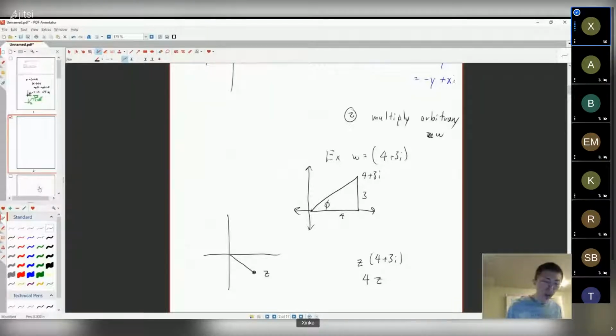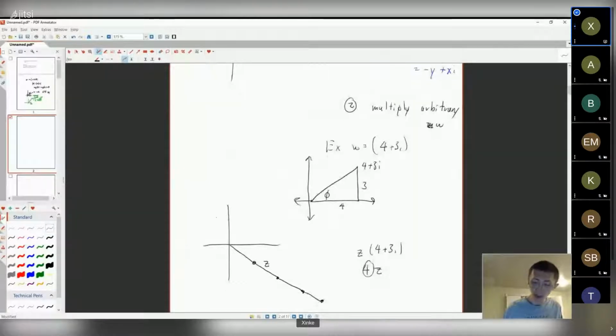If you multiply by a real scalar like 4, that's just z plus z plus z plus z, so you scale it by 4 and keep the angle the same. And then you add 3 copies of i times z. We said i times z was like this, at a 90-degree angle to it. So we add 3 copies of that to 4z: plus iz plus iz plus iz.